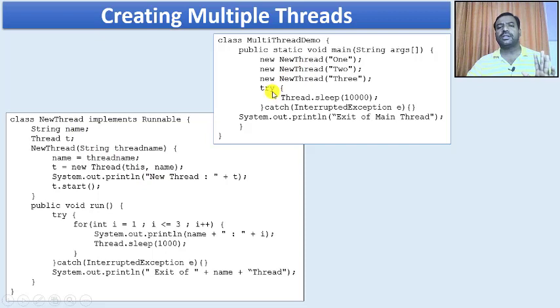Clear? And I am going to put it in a try, and Thread.sleep I am using 10,000 here, hence it is going to be 10 seconds. My main function will go into sleep for 10 seconds. Clear? Hence now I am going to have 3 threads. Each thread will take 1 second of execution, and each loop is going to have 3 iterations, so 3 seconds.